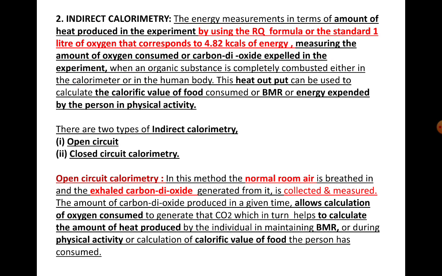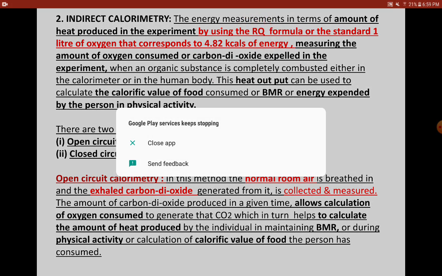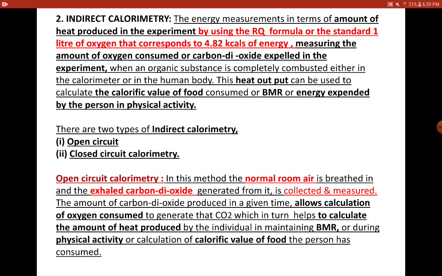So here I would like to mention that there are experiments wherein the carbon dioxide expelled is actually stored and measured, and using the RQ formula, which is nothing but the respiratory quotient formula, to find out the amount of oxygen that is consumed.